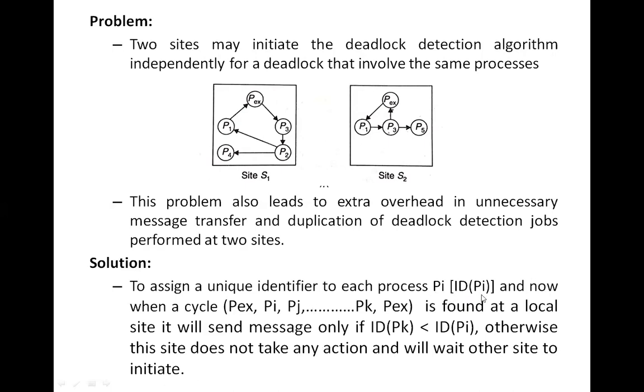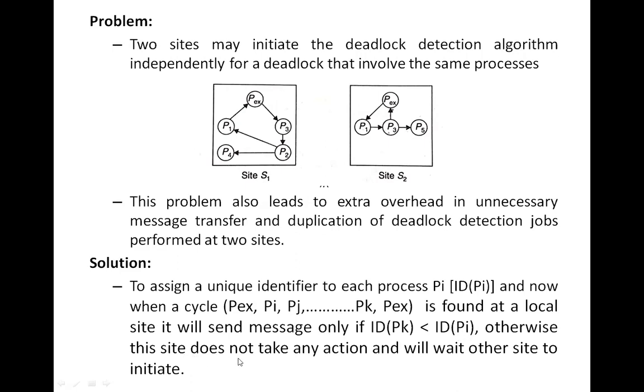Once we allot an identifier for each process, P1, P2, P3, P4, P5, whatever it may be, then when a cycle exists, such as PX, P1, Pj, Pk at a particular site, and the cycle is found at the local site, it will send the message only if the ID of Pk, the last one, is less than the ID of Pi.